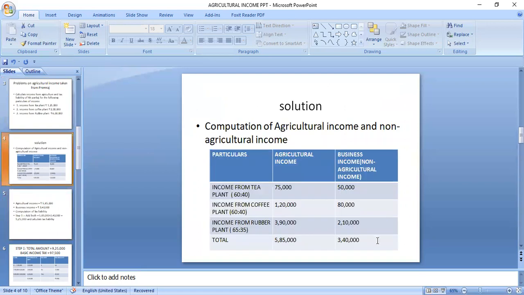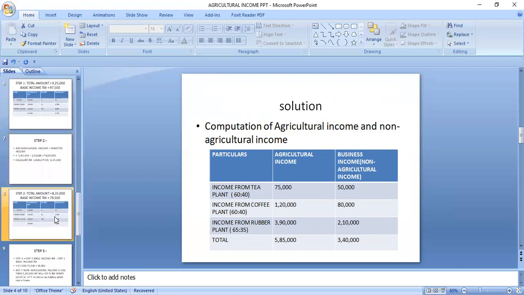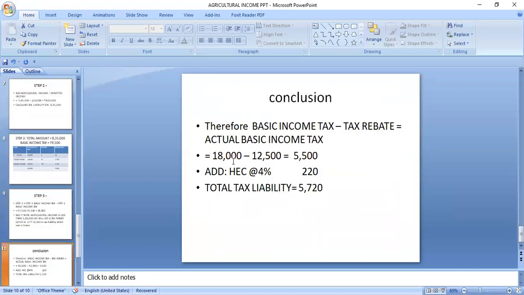Non-agri income you are getting 3,40,000. It is below 5 lakhs. Means business income or non-agriculture income you're getting is below 5 lakhs. So you get a rebate of 12,500 or tax liability, whichever is less. So you have to calculate this at the last step, step 3.